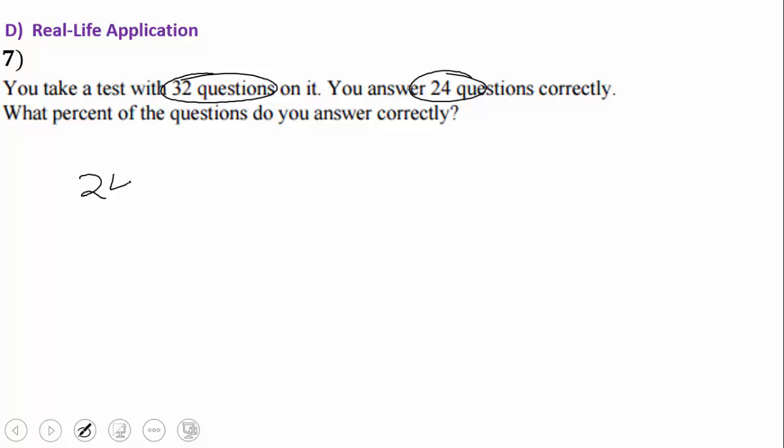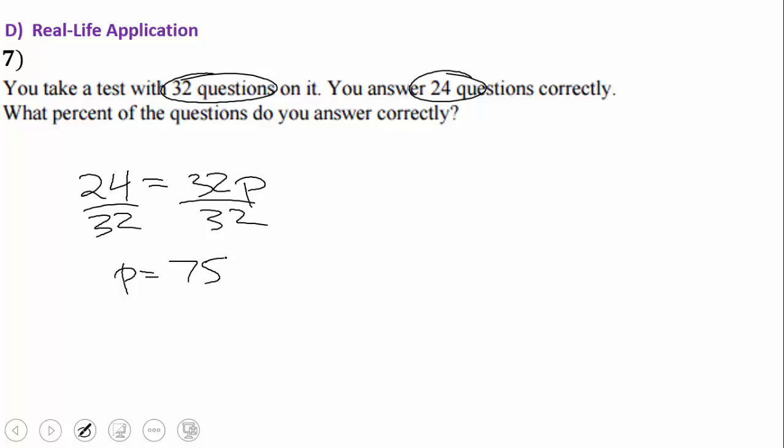So I divide by 32, and 24 divided by 32, our percent, comes out to 0.75, and so that's 75%.